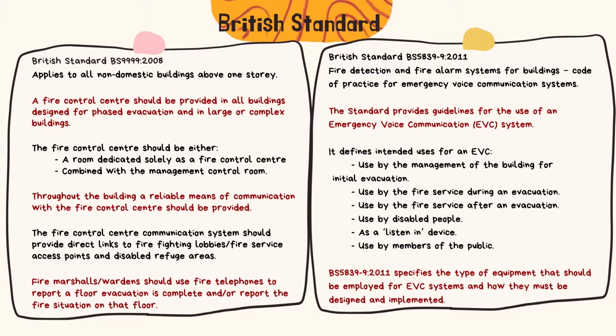Throughout the building, reliable means of communication with the fire control center should be provided. And next, the fire control center communication system should provide a direct link to firefighting lobbies, fire service access points, and disabled refuge areas. And the fire marshal or warden should use the fire telephone to report that a floor evacuation is complete and/or report the fire situation on that floor.